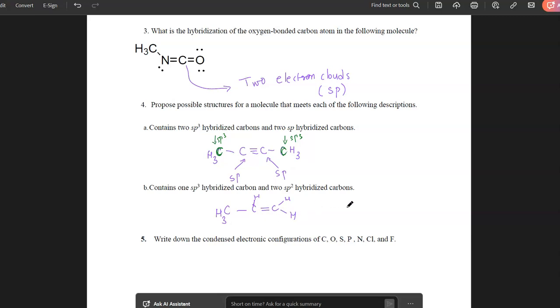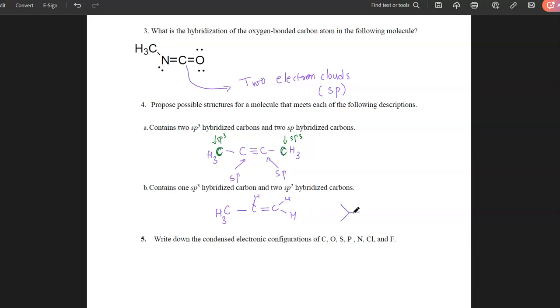To draw this molecule better, the CH3, H, and H. If you look, this carbon atom is sp2, this carbon atom is also sp2, and this carbon atom is sp3.